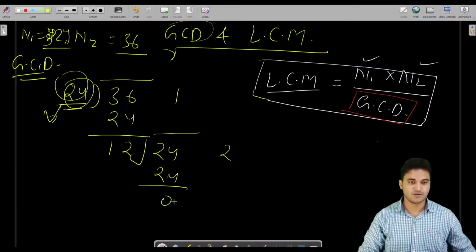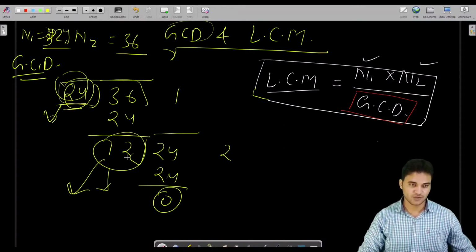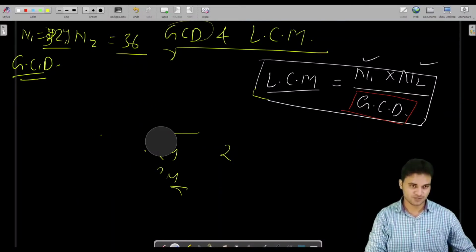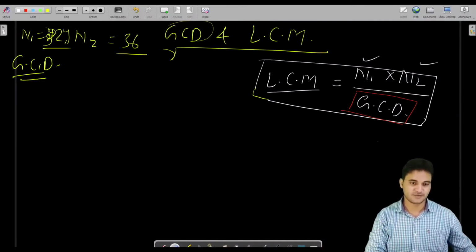Now the remainder is 0. So the divisor which makes the remainder 0 is your greatest common divisor. You can see the greatest common divisor of each of them is 12. 12 can divide 24 and 36, and it is the greatest. That is the meaning of this. Let me explain once more if it is not clear to you. I hope you already know this from your basic math, but let me explain again.